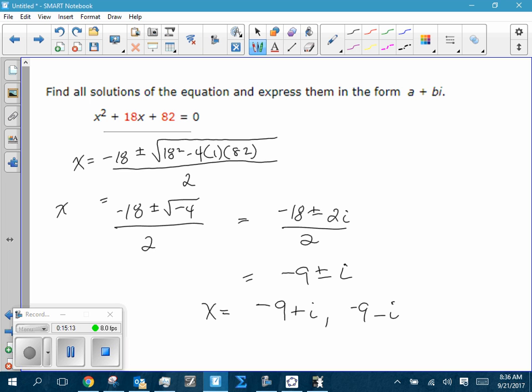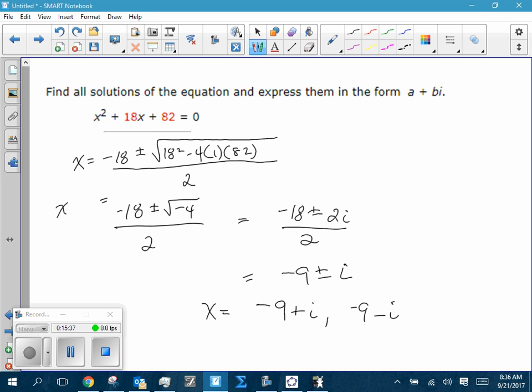Conjugates. And what we find out is that when we solve the quadratic equation, and really any type of polynomial equation, when we get solutions that are complex numbers, they always show up in pairs, and they're always going to be conjugates. So if I've worked through a problem and I got 3 plus i as the answer, I also know that 3 minus i should have shown up somewhere eventually.